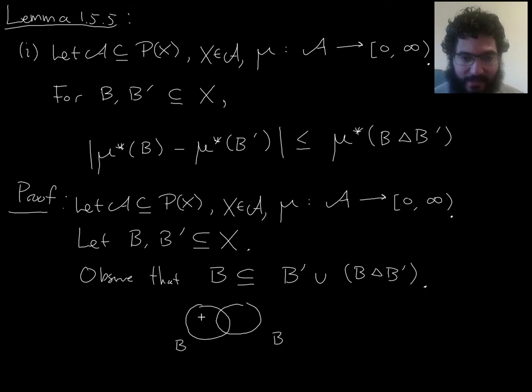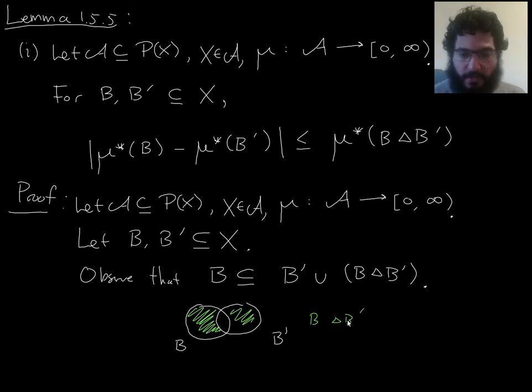So this left-hand circle is B. The right-hand circle is B prime here. The part shaded in green is the symmetric difference.